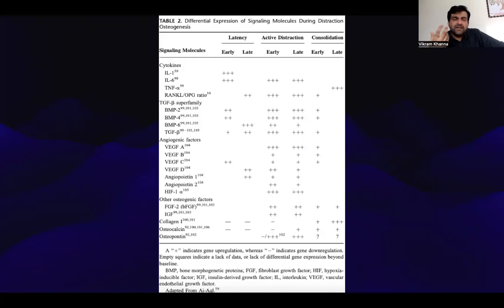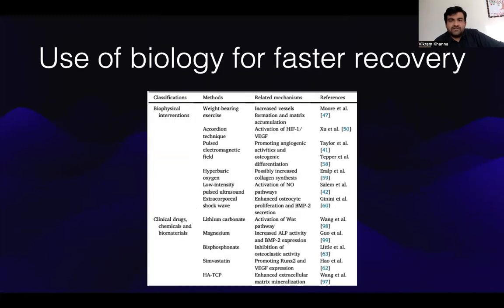Most significantly, we can see that in the initial stages, during the latency and the active distraction, the inflammatory markers and the angiogenic markers are higher, and as soon as we go to the consolidation phase, the osteogenic factors take over. So we can maybe use these biological factors as biological interventions to improve our regenerate quality and faster recovery.